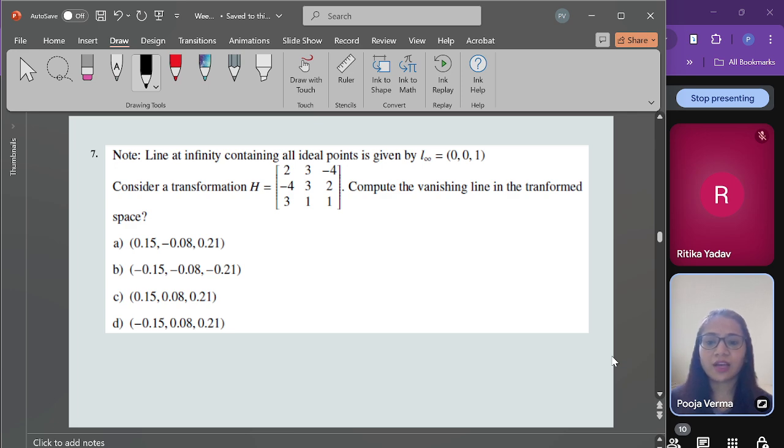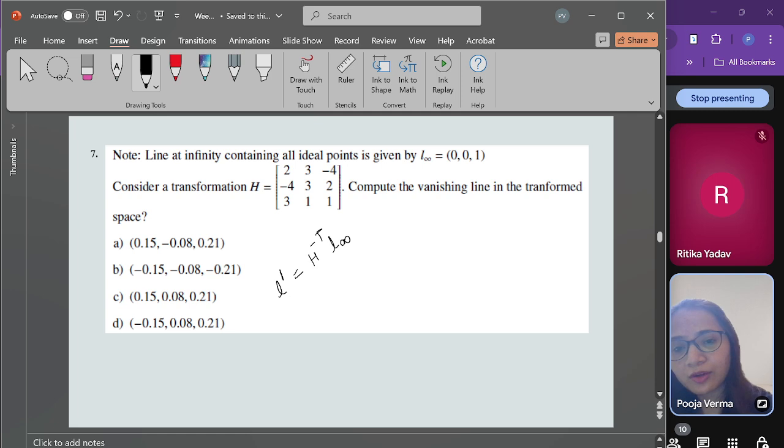So here we are given the line at infinity and the transformation matrix H. We need to find the transformed vanishing line. In projective geometry, the transformed vanishing line is represented by L dash, which is equal to H inverse transpose times L infinity.